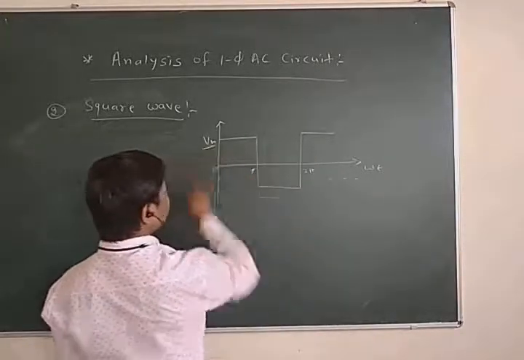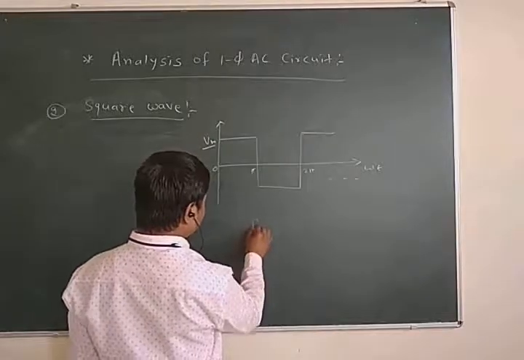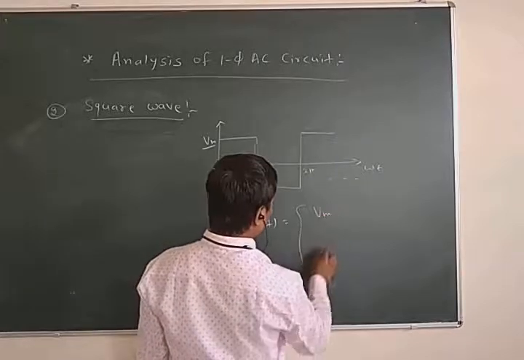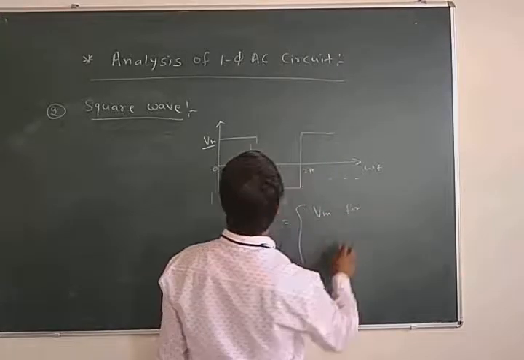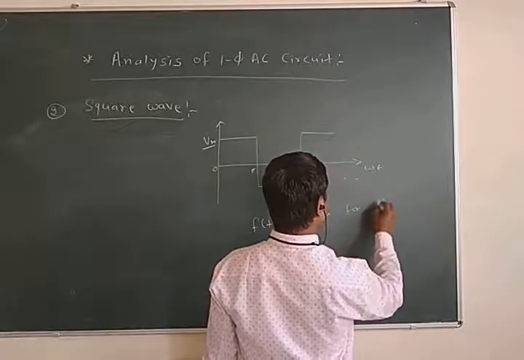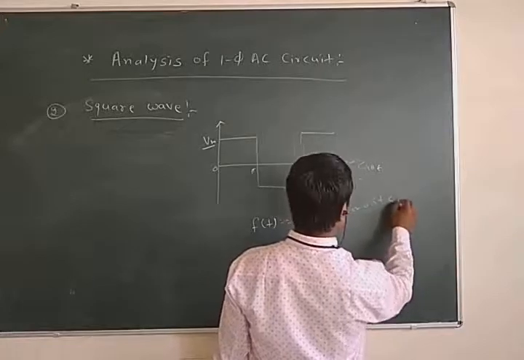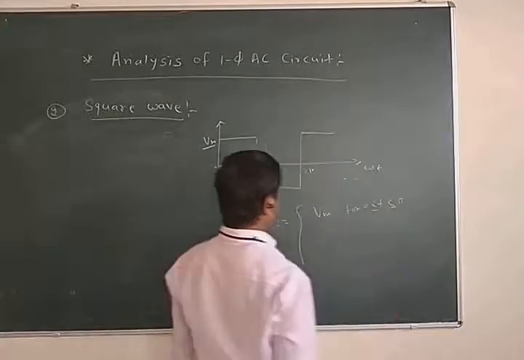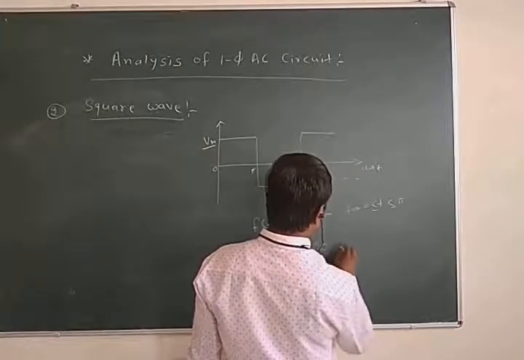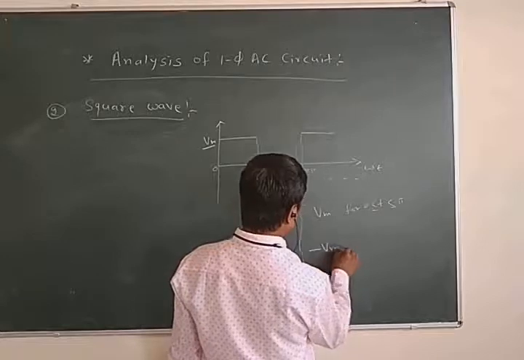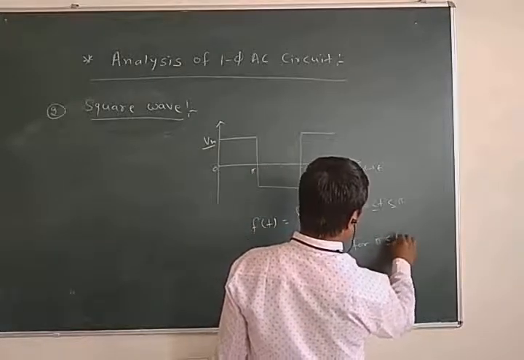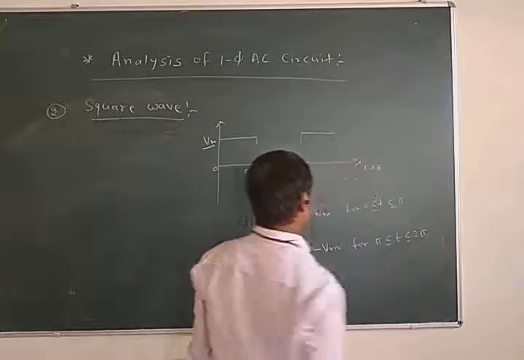Maximum value is Vm, and function is represented as f(t) is equal to Vm for t greater than 0 and less than pi. Similarly, minus Vm for pi less than or equal to t less than 2 pi.